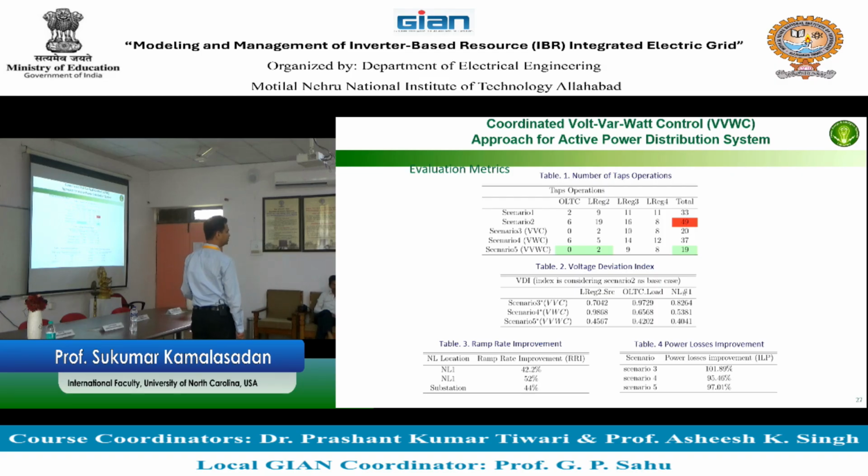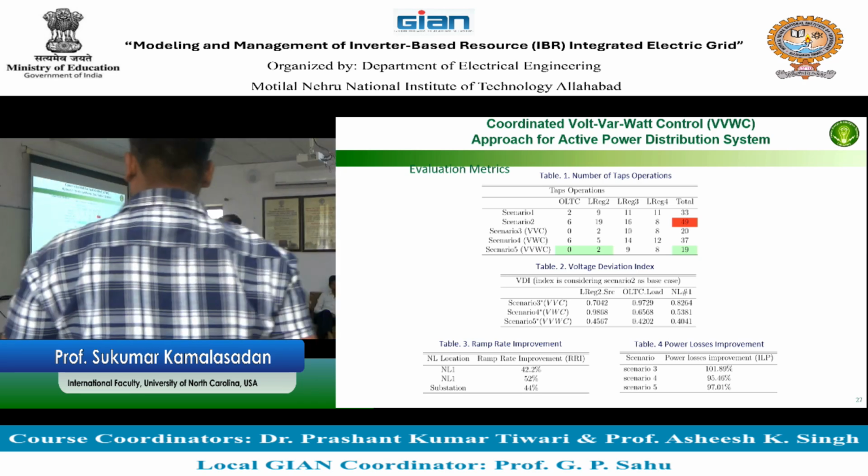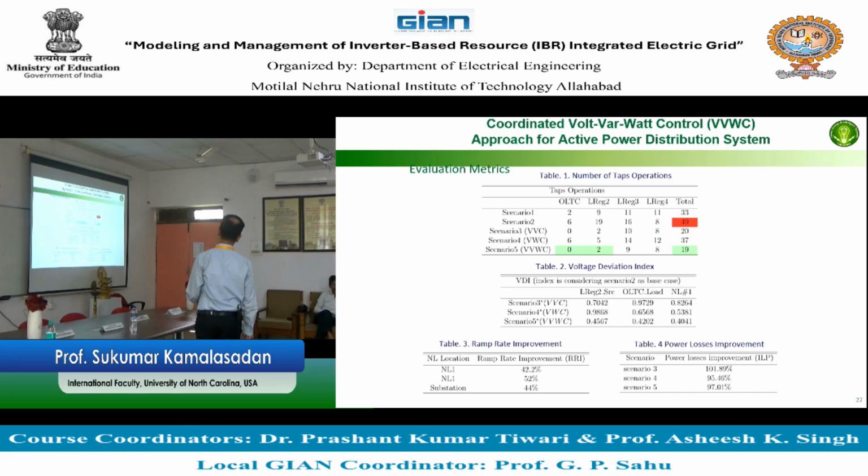This is basically a comparison of what happens to the taps with each of those. Volt-watt control alone cannot reduce the tap. You need var. If you do volt-var control, it reduces the tap. If you do volt-var-watt control, it won't reduce much more, but it reduces at least 1 or 2 taps, basically as an indicator.